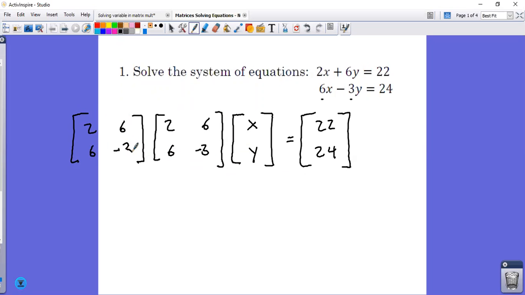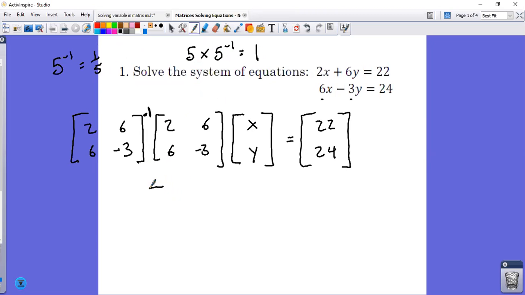But if you take the inverse, which is this matrix to the negative 1 power, it's just like if you did 5 to the negative 1 power, you would get 1/5. It does the reciprocal. So anytime you multiply something times its inverse, you get 1, because that would be 5 times 1/5, and you get 1.